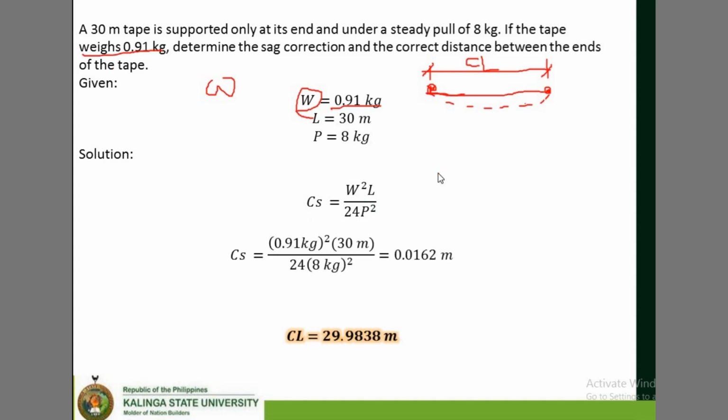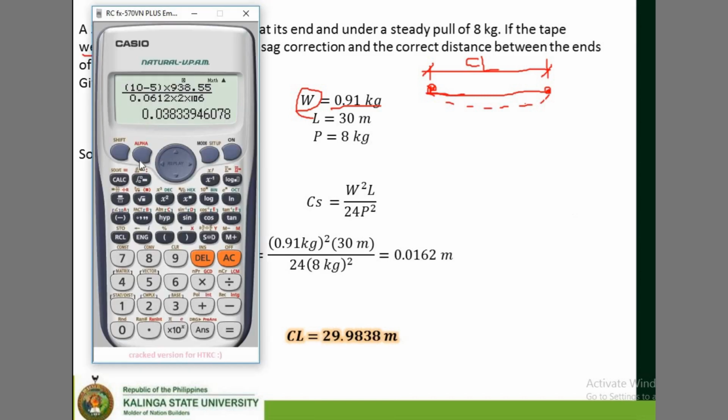Substituting all the values, and the correction due to sag now is equal to 0.0162. Now, if I'm going to double check this, 0.91 squared multiplied by 30 over 24 times 8 squared.